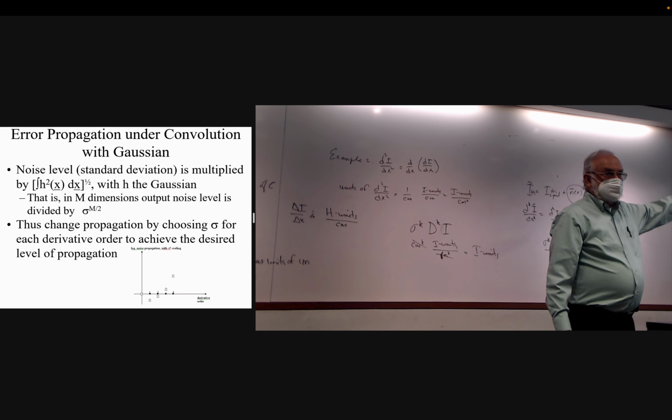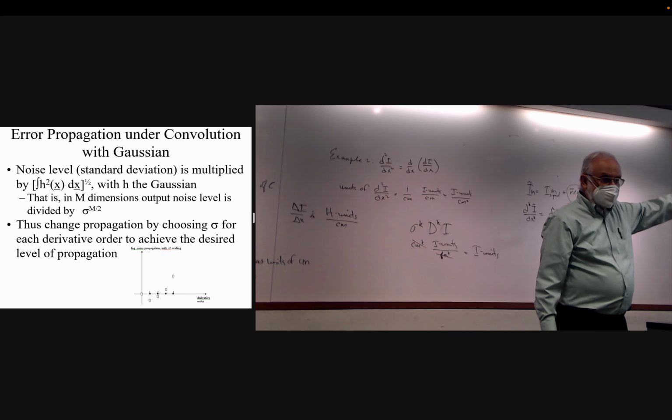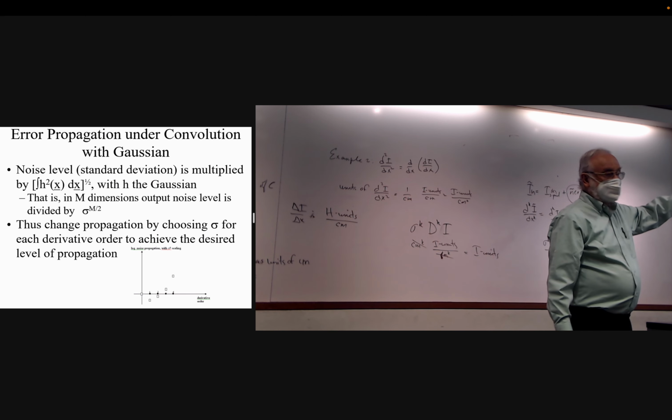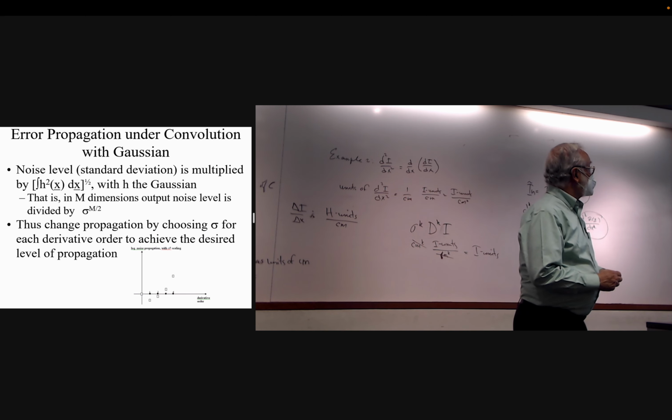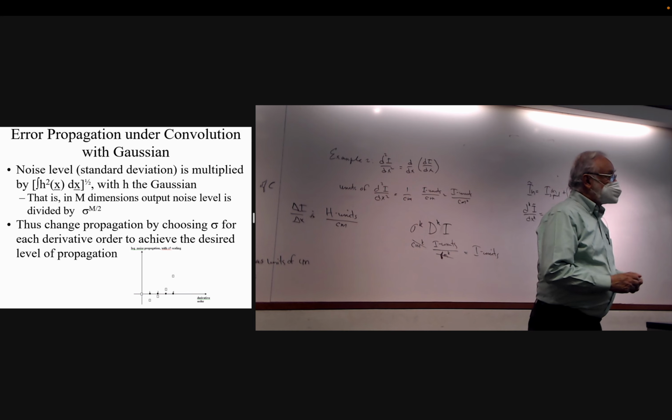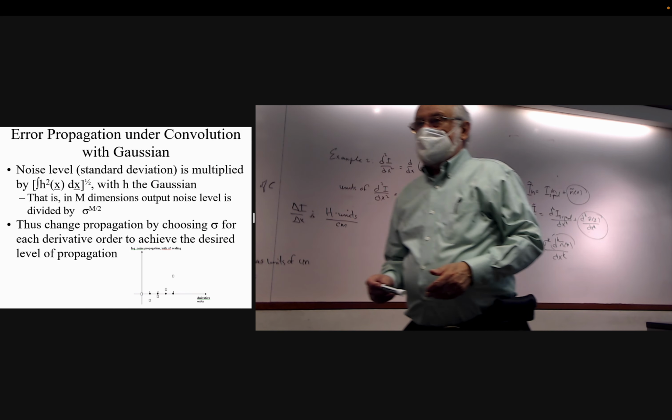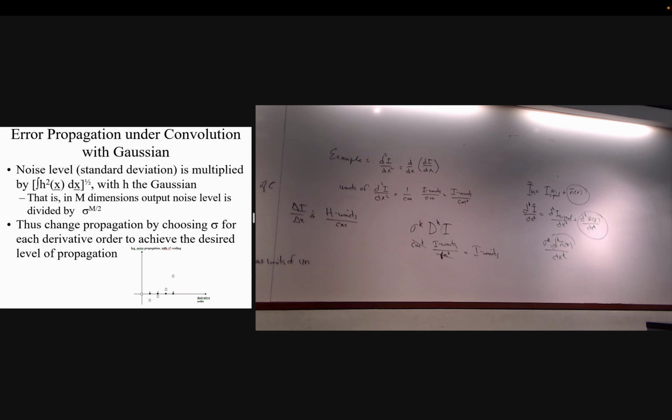And so using a particular scale, it turns out that in m dimensions, the output noise level is divided by sigma to the m over 2. So for 2D images, it's divided by sigma, and so the bigger the sigma, the lower the noise level. And for 3D images, it's divided by sigma to the 3/2.